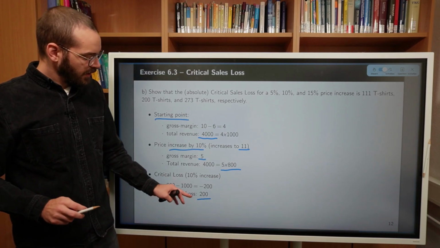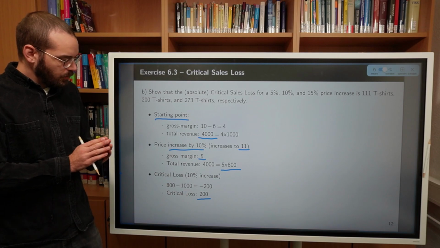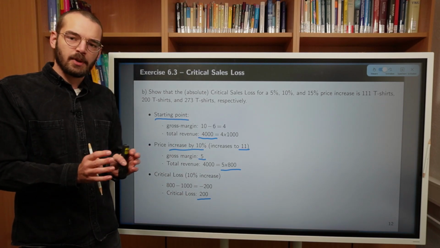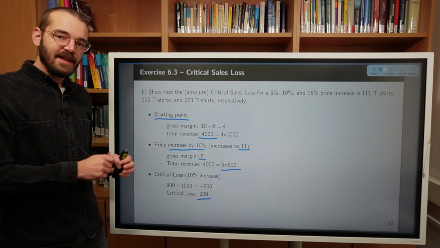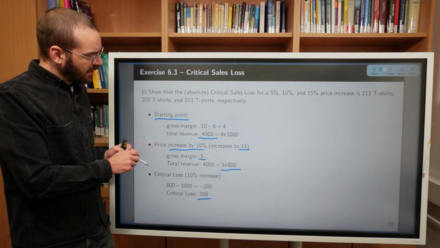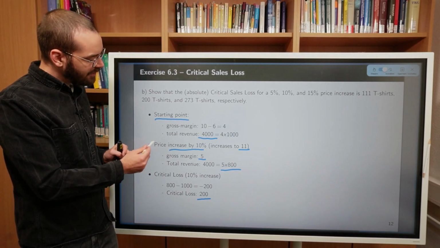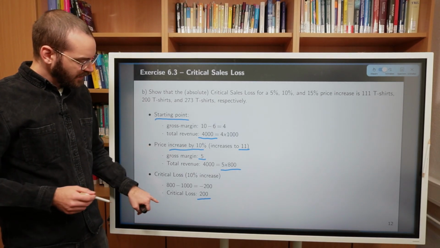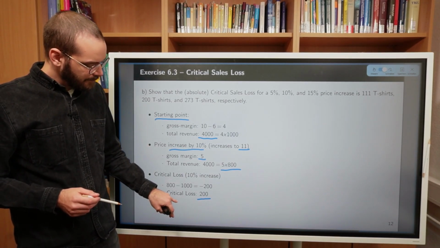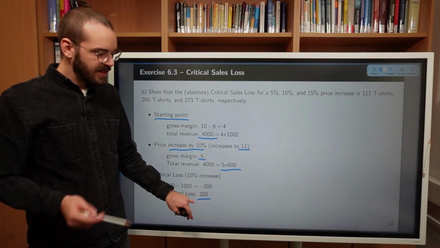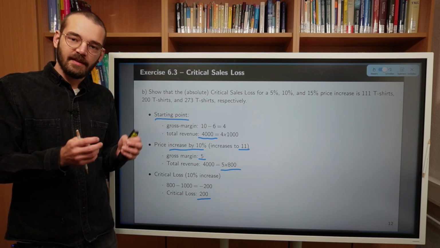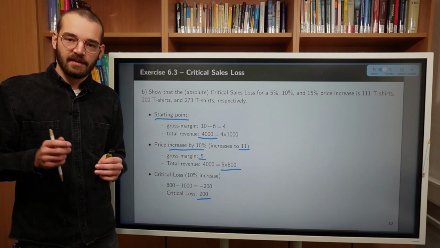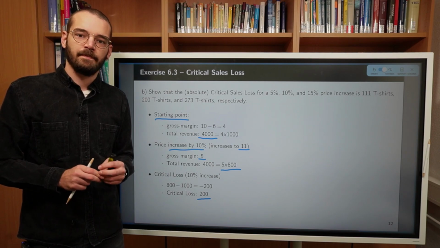All right, so just one last time to reiterate what we now know about the market and about the firm. Well, we know that if the firm, after this price increase, sells less than 200 fewer t-shirts, then in this case the price increase would be profitable.